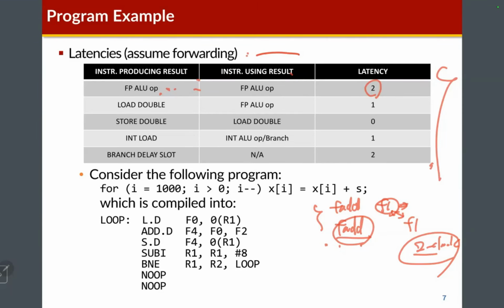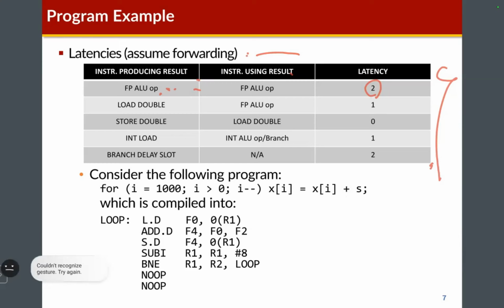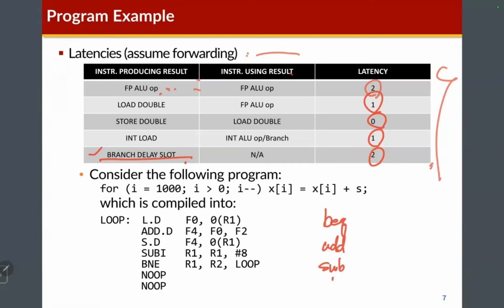So this is another example of the latency, here and here and here. Also, branch delay slot. What is the branch delay slot? A delayed branch means that, like, there's a BEQ, and then this is the add, and then this is the sub, like that.